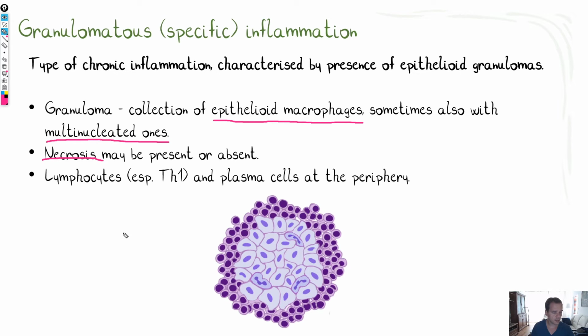Some diseases manifest granulomas without necrosis. So the presence of necrosis can aid us with the diagnosis. And on the periphery of the granuloma, there is a rim of lymphocytes. They are usually T helper ones and some plasma cells. So this part is the center of the granuloma with epithelioid macrophages, and this is the periphery with the lymphocytes.